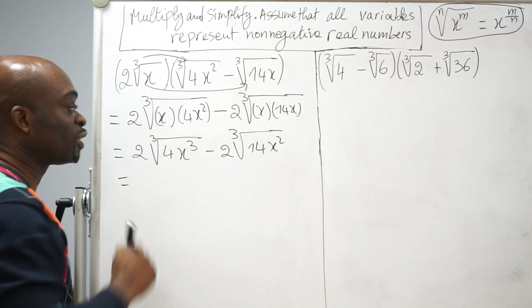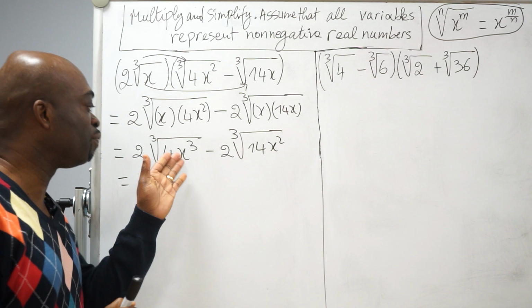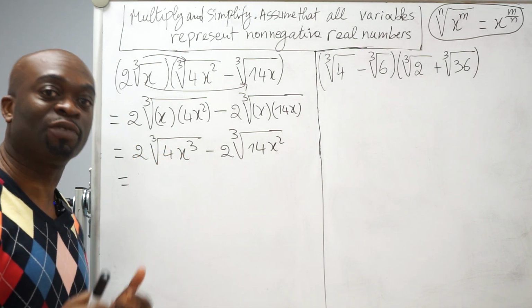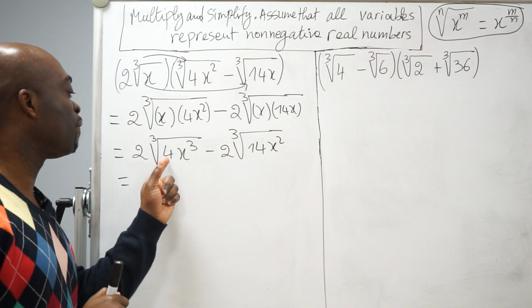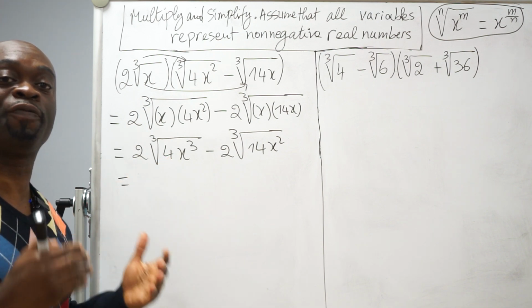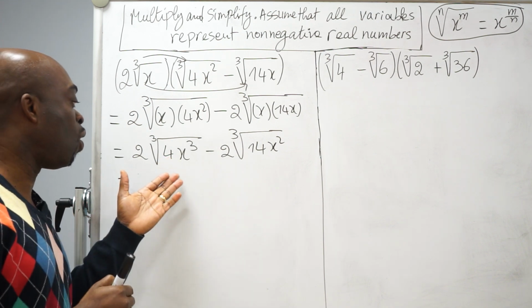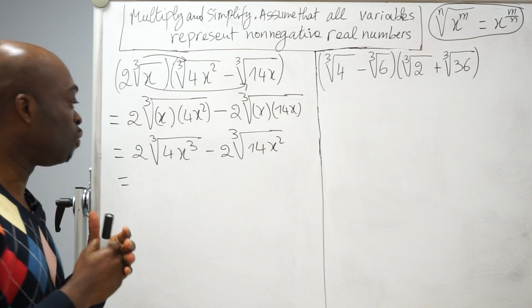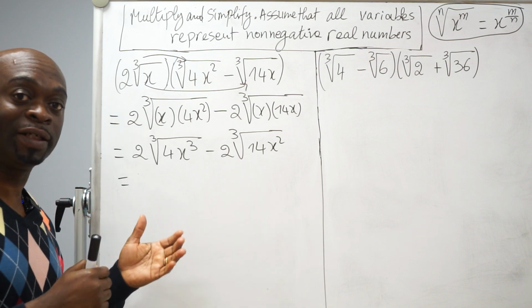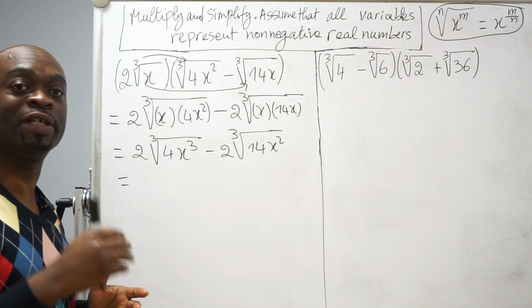So the next thing to do is to break down whatever we have under the radical if possible, because it's not always possible. Is 4 a perfect cube, or can we break it down into 2 numbers where one is a perfect cube and the other one is not?